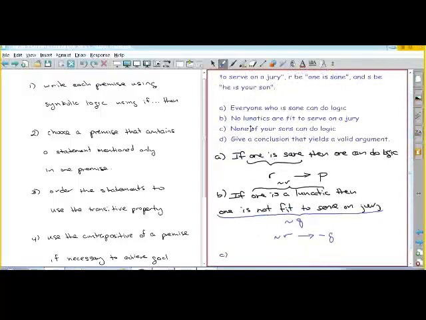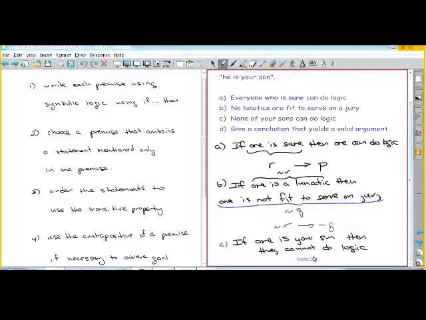The last one is none of your sons can do logic. So we could say if one is your son, then they cannot do logic.